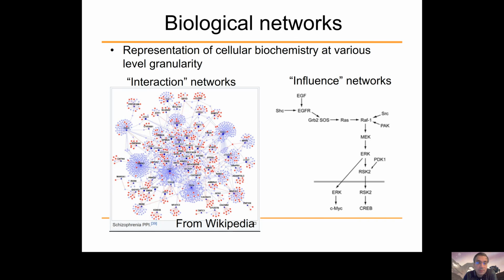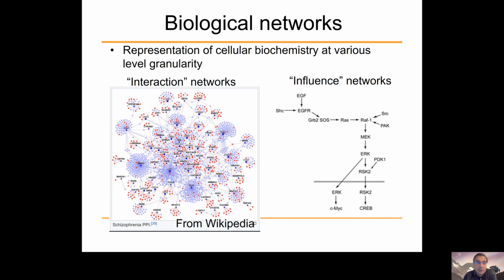One of the most drastic simplifications of these networks is to just take, for example, two proteins and describe whether these two proteins interact or not. So this can be described as a graph in which each node represents a protein and each edge represents the fact of physical interaction between proteins.